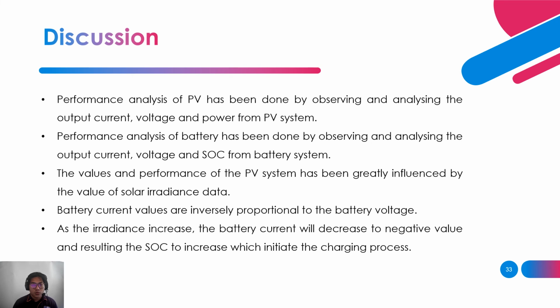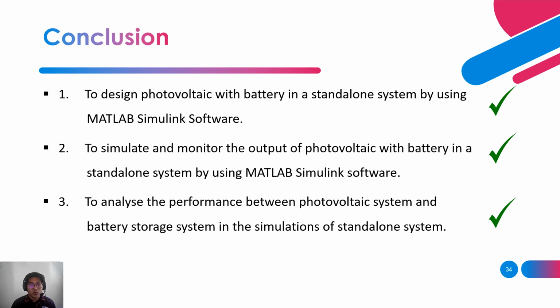The battery will automatically change from charge to discharge for supplying energy to the load when it is night time or cloudy weather. Last but not least, the battery will change to charge mode when the PV panel receives input from solar irradiance. In conclusion, objective 1, which is to design the photovoltaic with battery in a standalone system, was successfully done by using MATLAB simulating software.